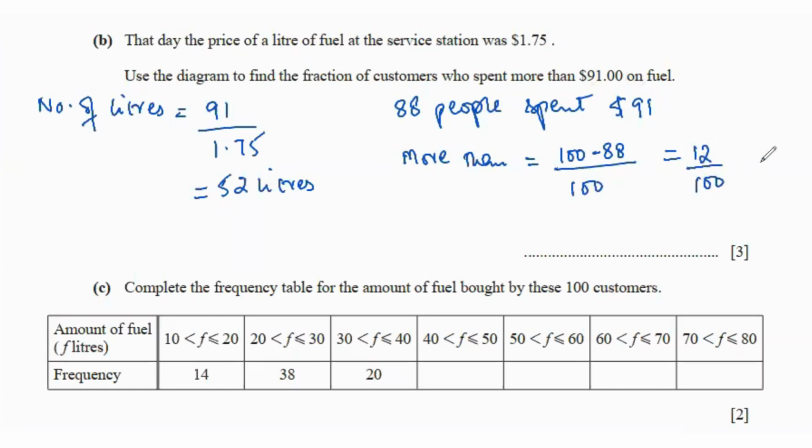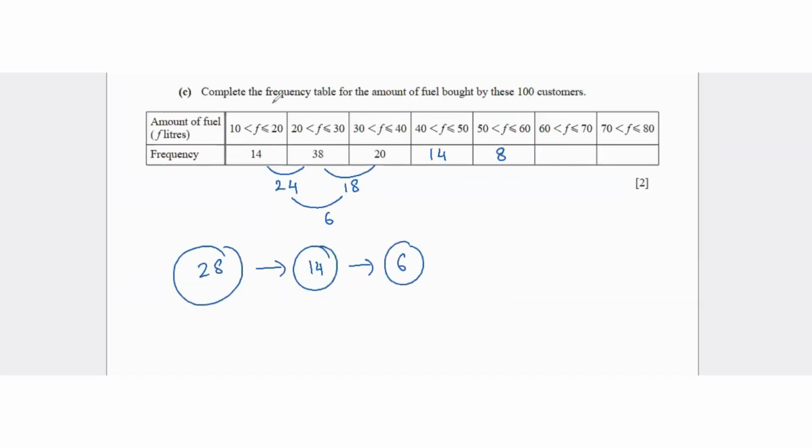And 12 over 100 can be simplified to 3 over 25. That is your answer for this. So the remaining 6 would be divided with 4 over here and 2 over here.